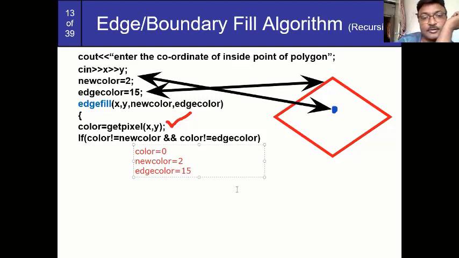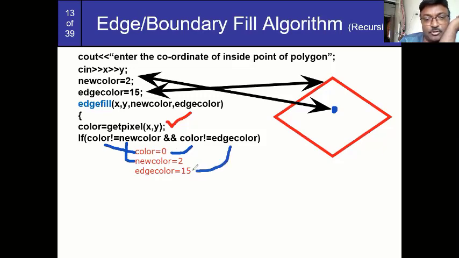So the condition is satisfied. How? See, is the value of my color not equal to new color? Yes, color is 0 and new color is 2. Both are not equal. And again, color is 0 and edge color is 15.